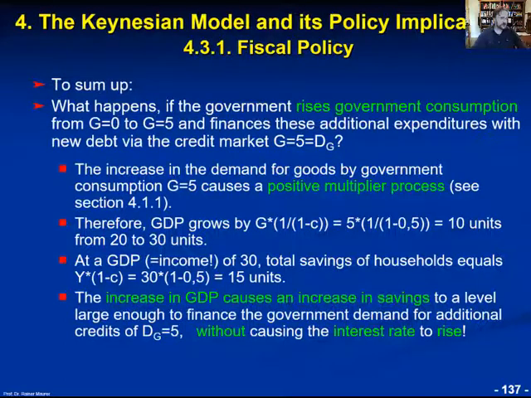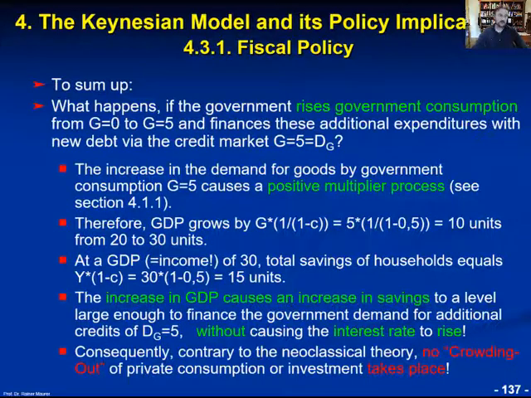The increase in GDP causes hence an increase in savings to a level just large enough to finance the government demand for additional credits equal to 5 units without causing the interest rate to rise. Consequently, contrary to the neoclassical theory, no crowding out of private consumption or investment takes place here.